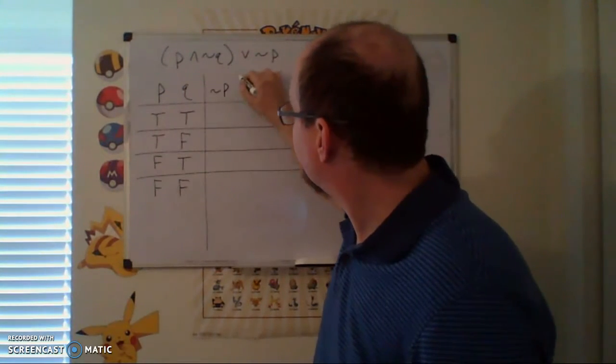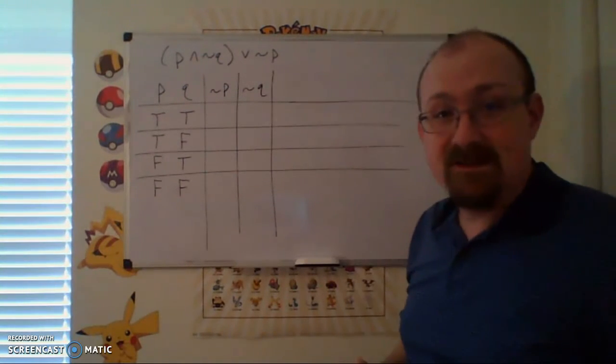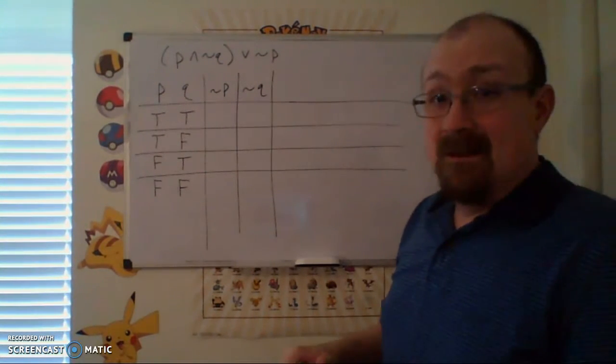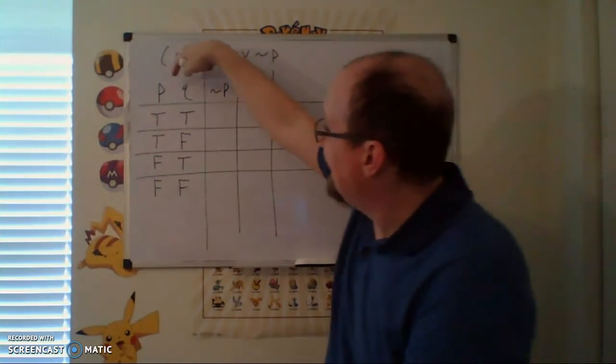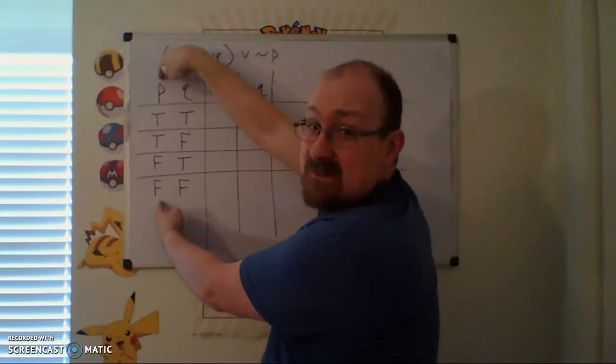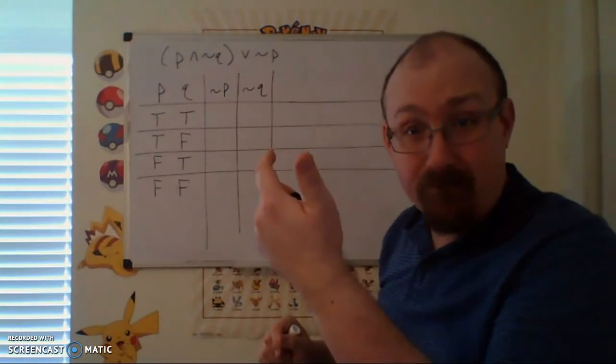So, got those sketched in. Now, individually, it's not going to be too overwhelming, hopefully. The idea is I now focus on this P column to figure out what's going on here, and I need to flip-flop the truth values.